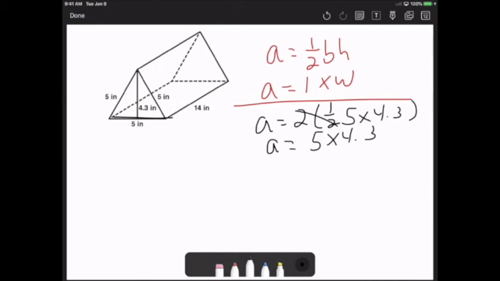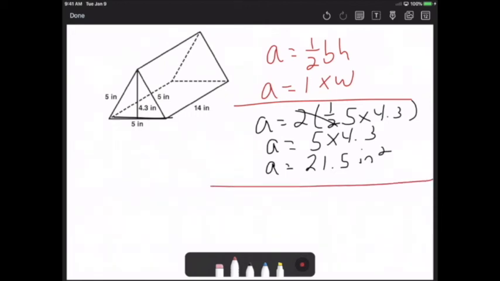You don't have to worry about the 2 times 1/2 because you have two triangles, and if you put the triangles together, you get a rectangle, so it's like length times width. So that's 5 times 4.3, which is 21.5 inches squared. That takes care of our triangles.